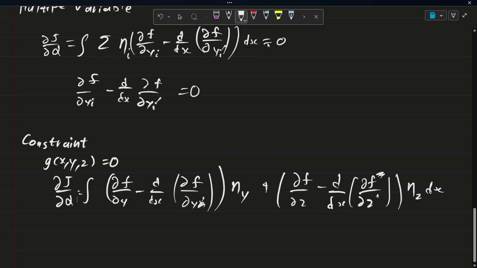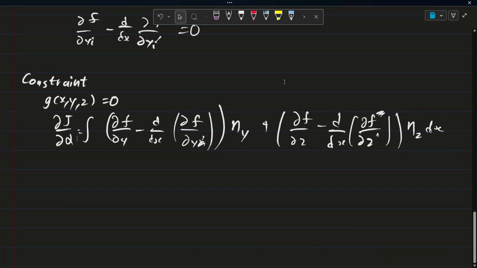Now something to notice is that this eta y and eta z are just the partial yi over partial alpha, technically.